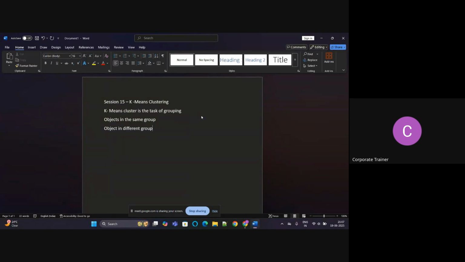I hope you understand what K-means clustering is. K-means is the algorithm where you divide the data into a number of clusters, where each data point belongs to the cluster with the nearest mean. I'll tell you everything, but first just listen in story pattern.